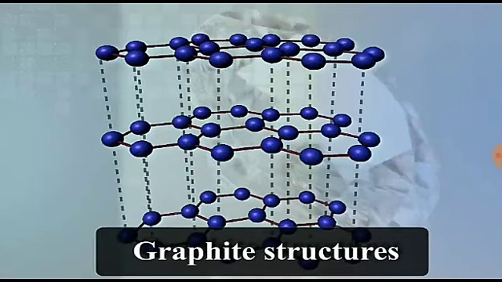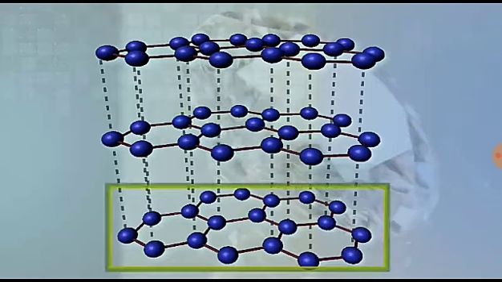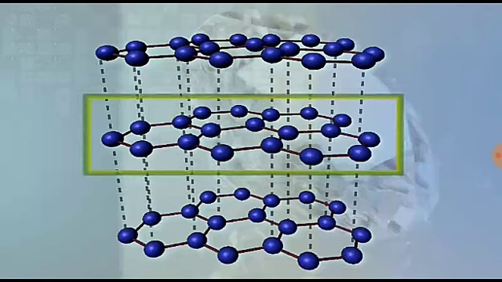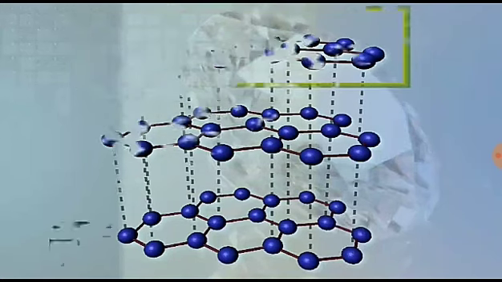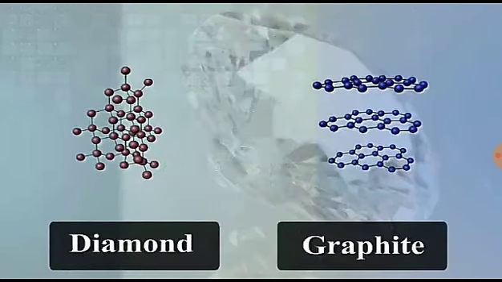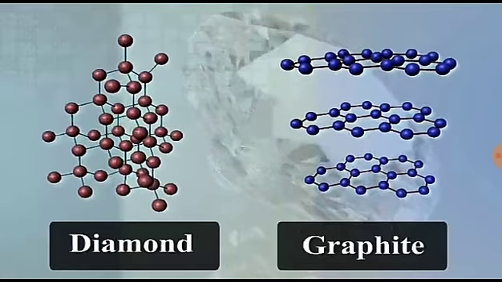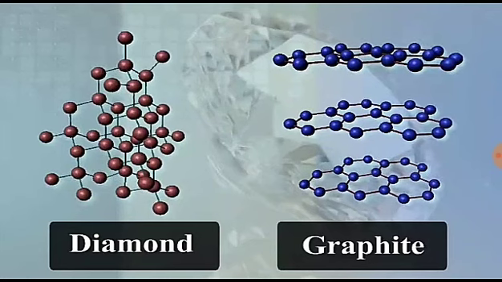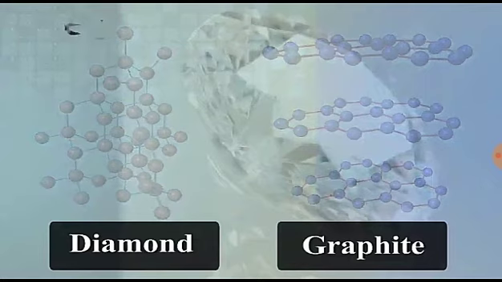In graphite, each carbon atom is bonded to 3 other carbon atoms in the same plane, forming layers of hexagonal arrays. These layers of hexagonal arrays are placed one above the other. Due to this difference in the structure of diamond and graphite, they have very different physical properties, even though their chemical properties are the same.